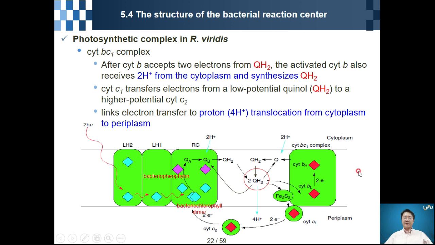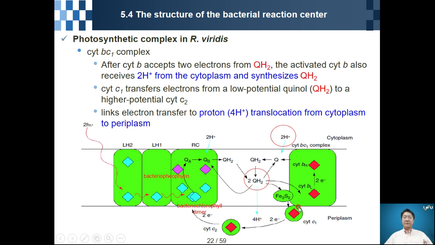After that, cytochrome b will be activated. The activated cytochrome b also receives two protons from the cytoplasm and synthesizes QH2.